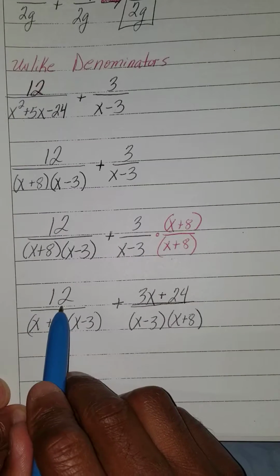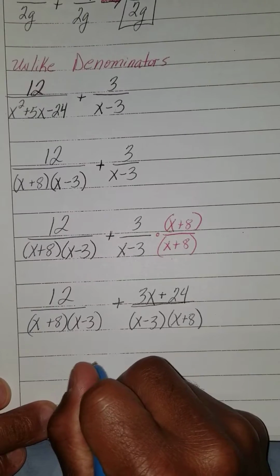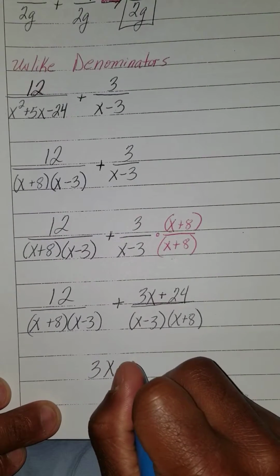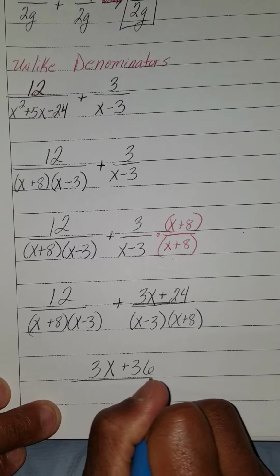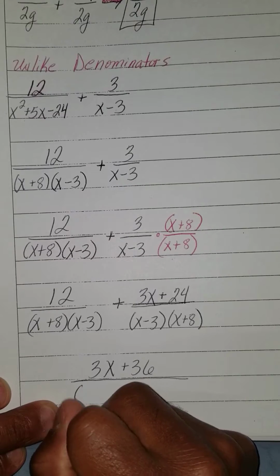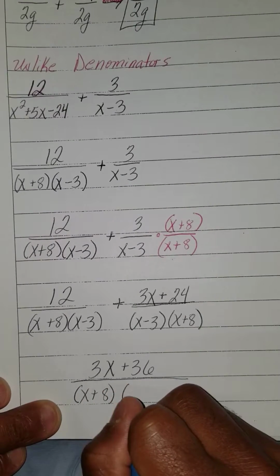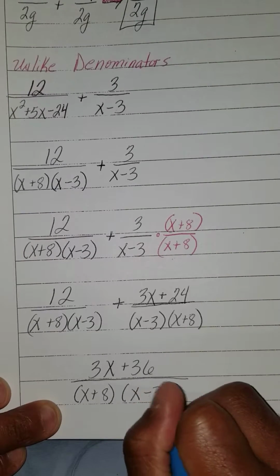So I can combine my 12 with my 24. Those are like terms. And I'll be left with simply 3x plus 36 all over x plus 8 times x minus 3.